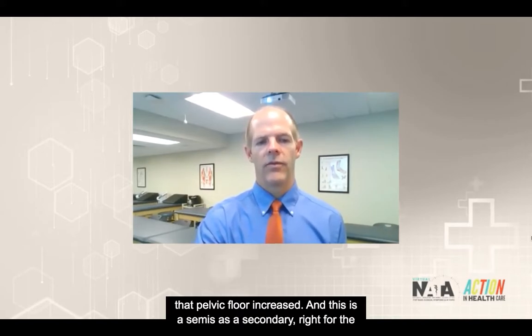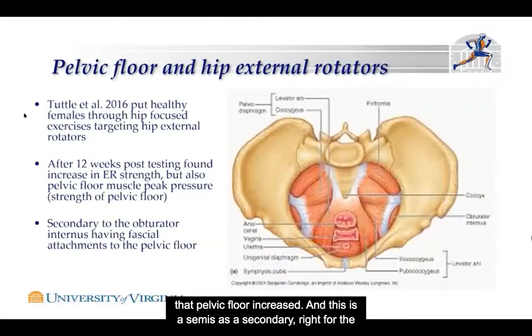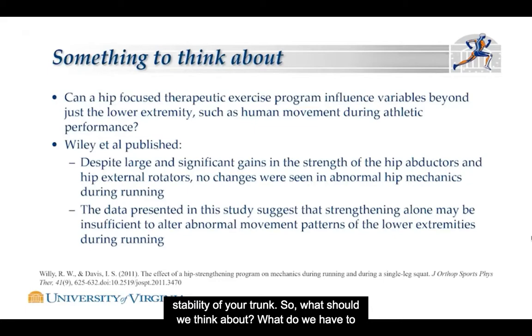So the strength of the pelvic floor increased. They surmised this was secondary to the obturator internus having fascial attachments to the pelvic floor, which has been shown to help increase the stability of your trunk. So what should we think about? What do we have to determine?